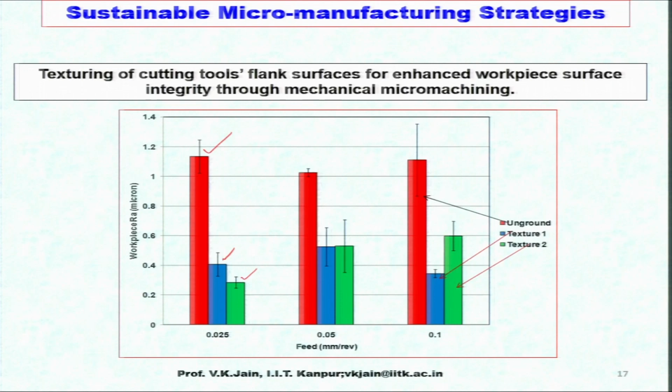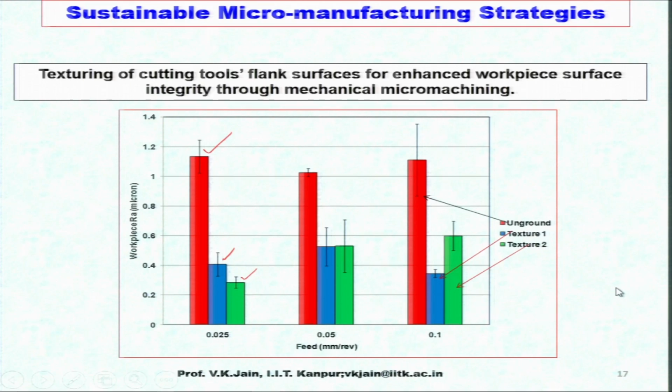So what kind of texture you are creating also makes a difference, and that controls the surface roughness value. You can see in all the three cases, and it is also a function of feed rate. At different feed rate, this nature is to some extent changing. As you can see here, texture 1 is giving better surface finish than texture 2. Here texture 2 is giving better surface than texture 1.